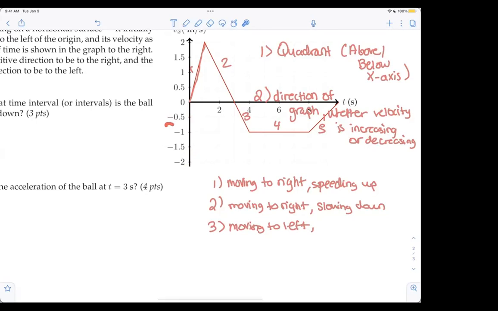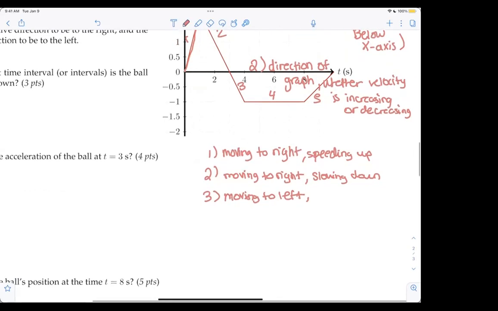Here the negative sign is no more than an indication of direction. So I go from 0 to 0.5 meters per second in the negative x direction to 1 meter per second in the negative x direction. So I just went from 0 to 0.5 to 1, all in the negative x direction. That is an indication that I am speeding up.